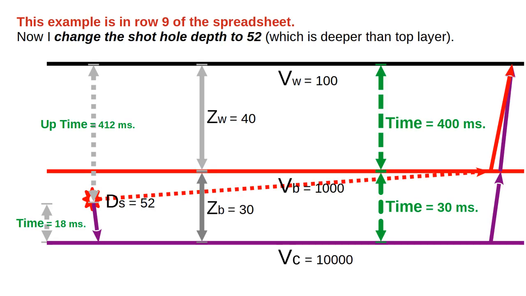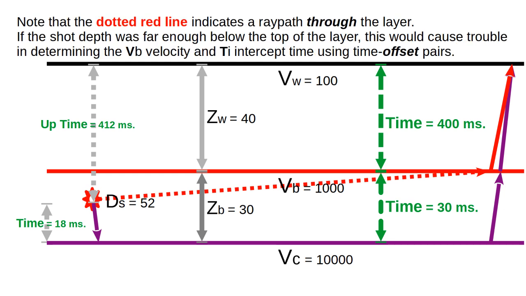This example is in row 9 of the spreadsheet. Now I change the shot hole depth to 52, which is deeper than the top layer. Note that the dotted red line indicates a ray path through the layer. If the shot depth was far enough below the top of the layer, this would cause trouble in determining the velocity and intercept time using time offset pairs.